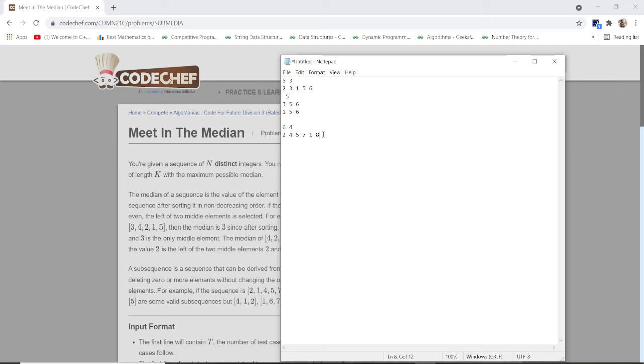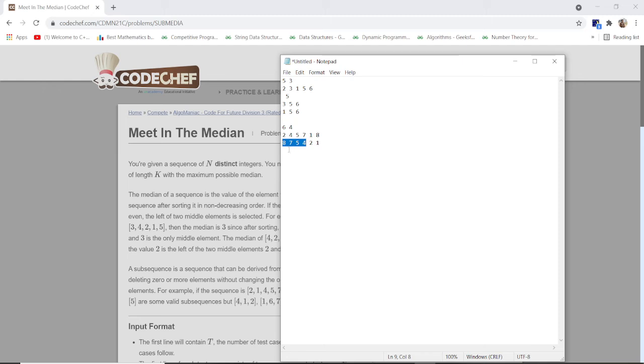What I can do is sort this array and reverse it, so it becomes 8, 7, 5, 4, 2, 1, right? To maximize this median value, I take the first 4 values here because these 4 values are the maximum among all of them, right?